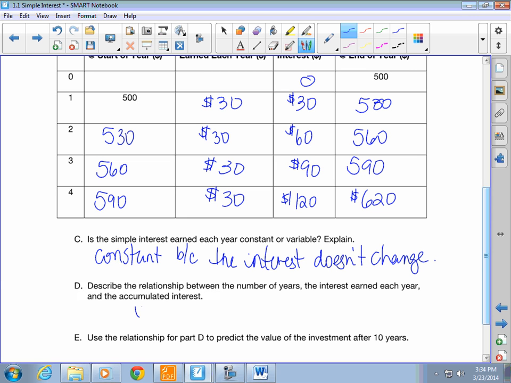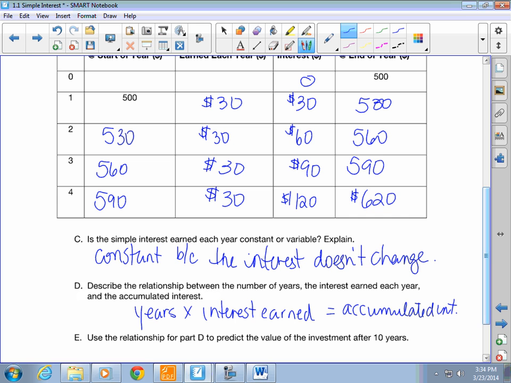So we had 4 years times $30 interest earned gave us $120, which was our accumulated interest.